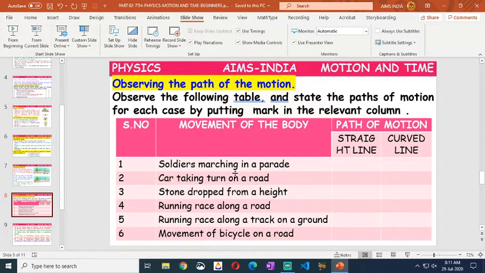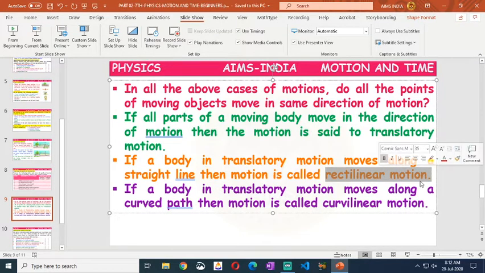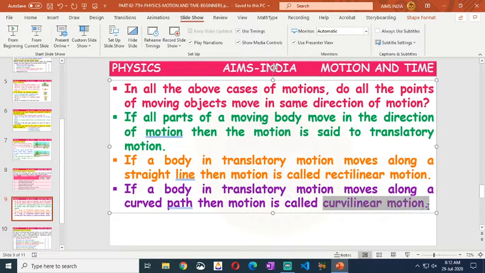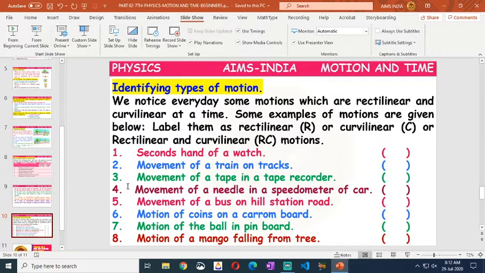But translatory may happen in a straight line or curved line. If it happens in a straight line, we call it rectilinear motion. If it happens in a curved path, we call it curvilinear motion. So we can divide some motions which we observe in our daily life into rectilinear or curvilinear or both.